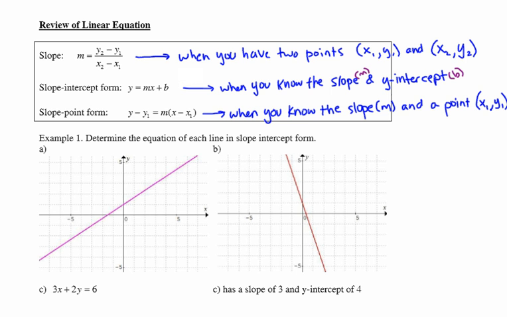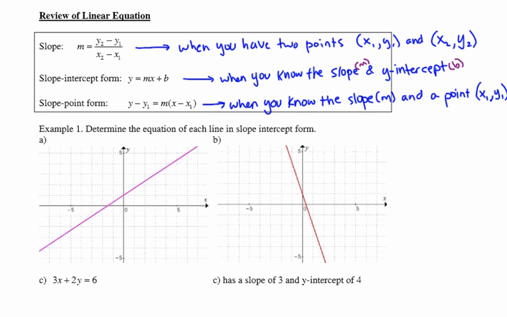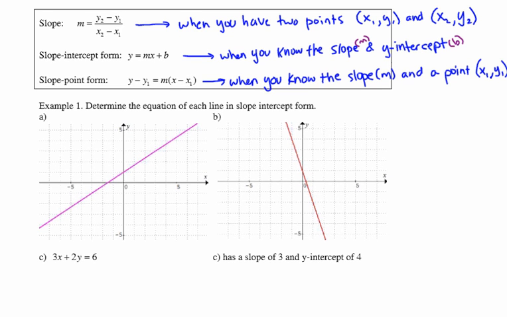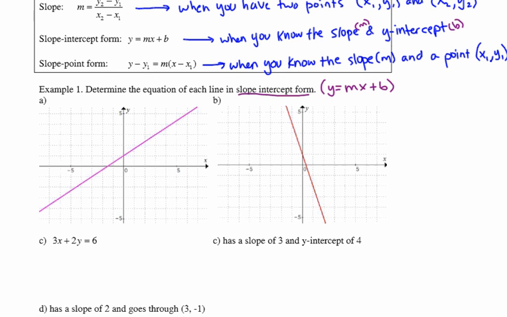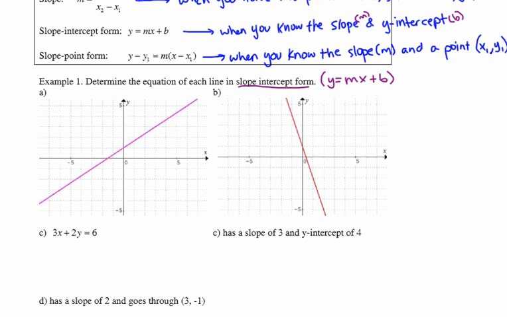Okay, so let's try the first one. Determine the equation of each line in slope-intercept form. Slope-intercept form is y equals mx plus b. That's the form they're wanting. So the first graph, are we able to figure out the slope? Probably.